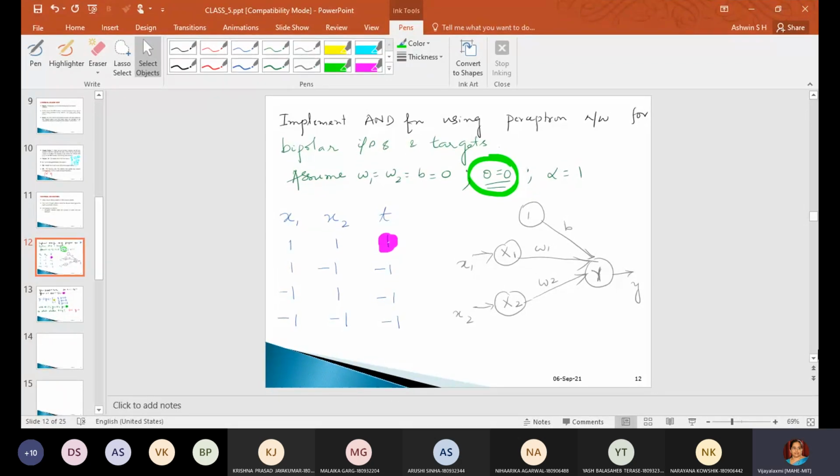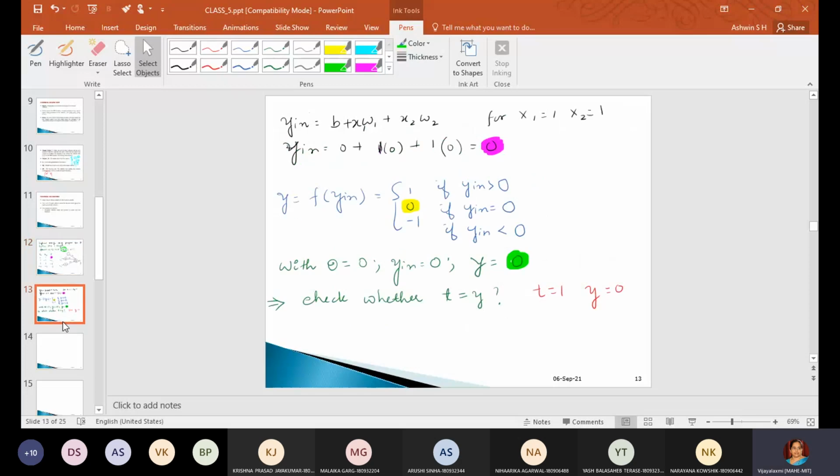So t is equal to 1, y is equal to 0. This is the condition we have got. So t is not equal to y. So what is the conclusion? T is not equal to y, right? So now what you need to do is you have to update the weights.